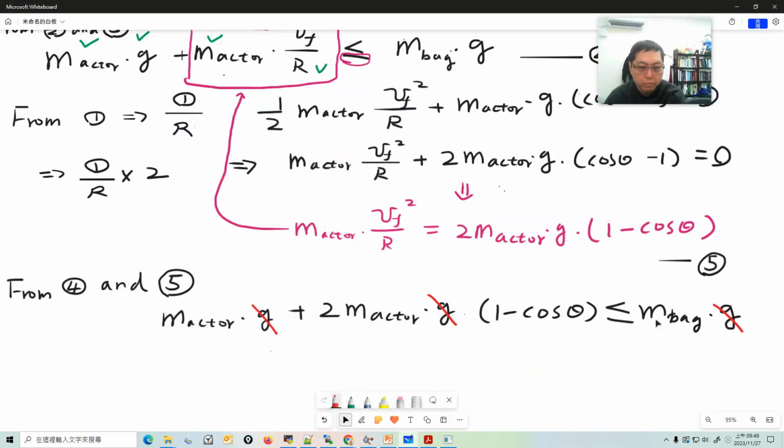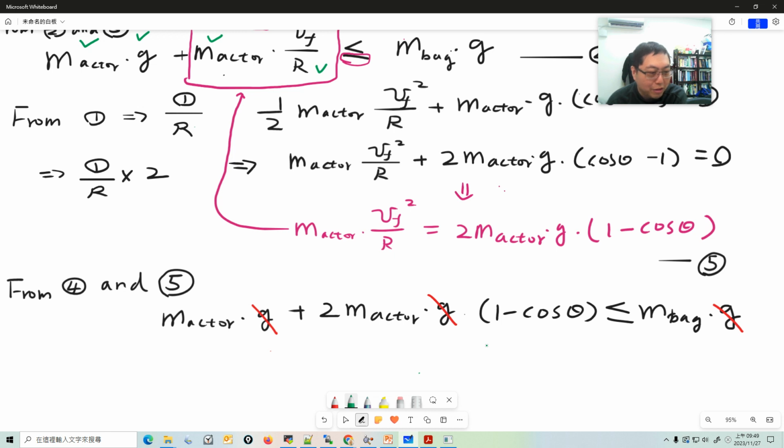So there's nothing to do with the length of the rope, really. Very strange.